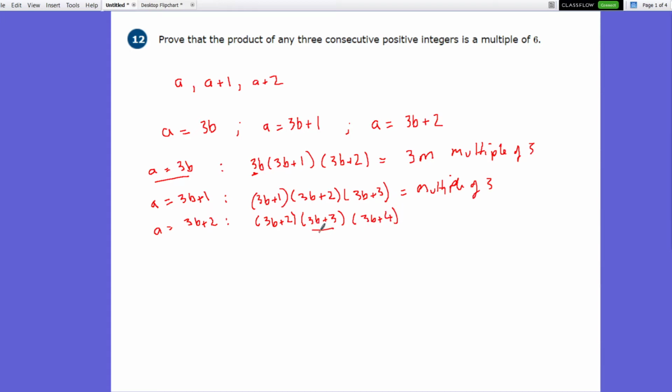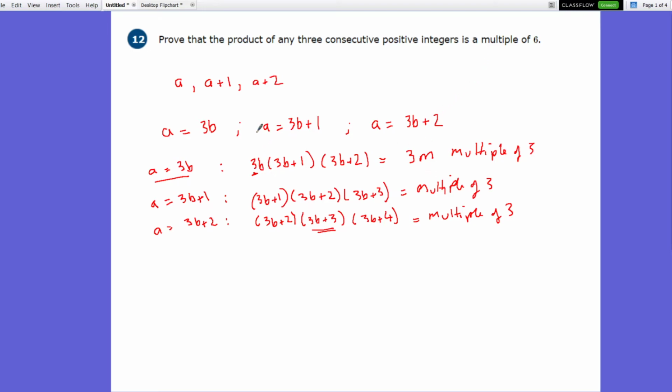Because one factor is a multiple of 3, when we multiply all this, the product is also a multiple of 3. So we've got those scenarios.